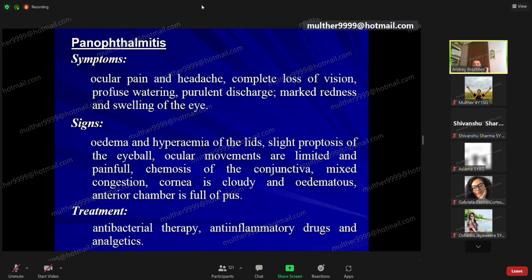The main symptoms are ocular pain and headache, complete loss of vision, profuse watering, purulent discharge, marked redness, and swelling of the eye. Associated constitutional symptom is fever sometimes.